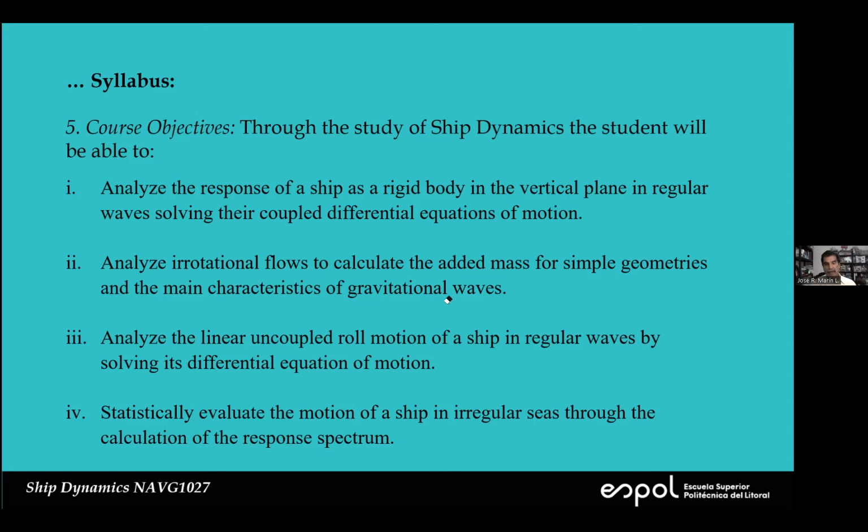And we're going to do here, you can read, using the response spectrum. That's what we are going to calculate, the response spectrum. And with the spectrum of the response, we will be able to calculate some parameters to estimate the response of the ship. That's what we want to gain.